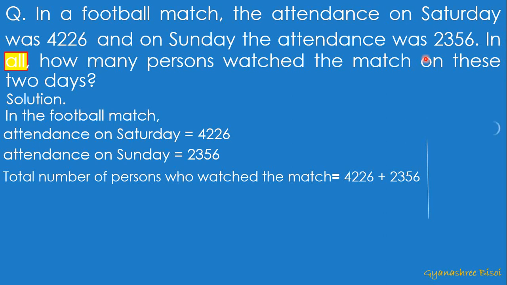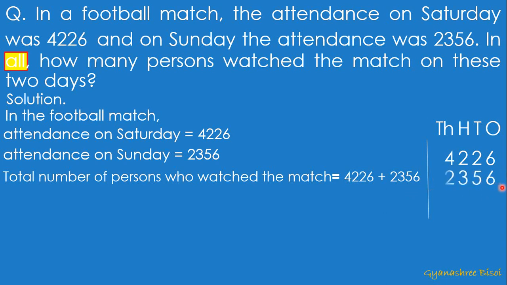Write the places ones, tens, hundreds and thousand and put the number. The digits should be placed at its place. Okay. So here 6 is at ones place, 2 is at tens place, next 2 is at hundreds place, next 4 is at thousands place. So in this way we will write the next number also.